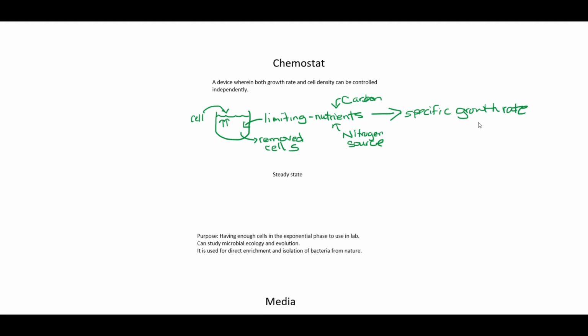Now there are two factors that govern the specific growth rate. One is dilution rate, D, where D equals F over V, where F is the flow rate, and V is the culture volume.